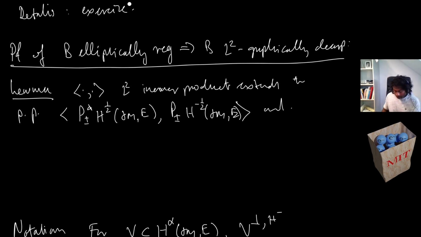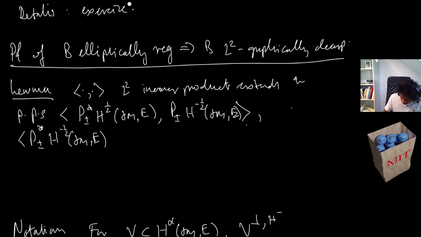And P plus minus H minus a half, star minus a half ME, perfect pairings between these spaces, H a half ME. And also a perfect pairing between, well, all these perfect pairings, right?